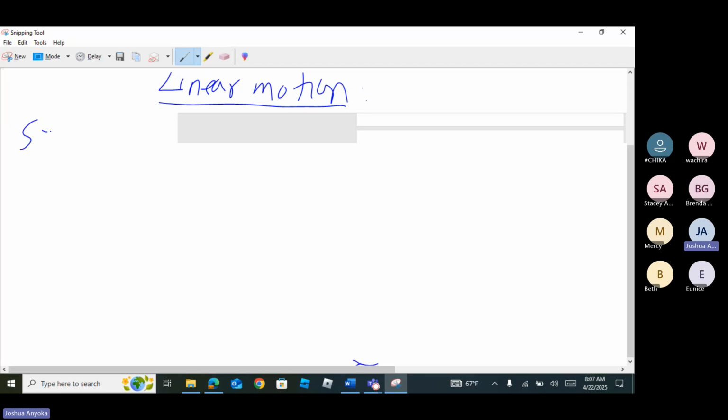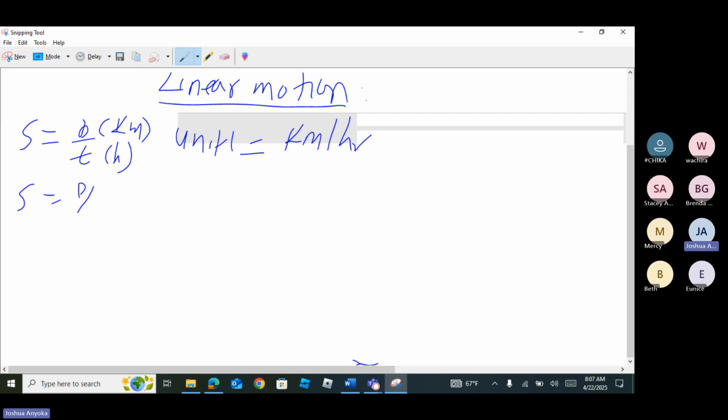We know that speed is equal to distance over time. Speed in kilometers, time in hours. The units of this will be kilometers per hour. Speed is equal to distance over time.